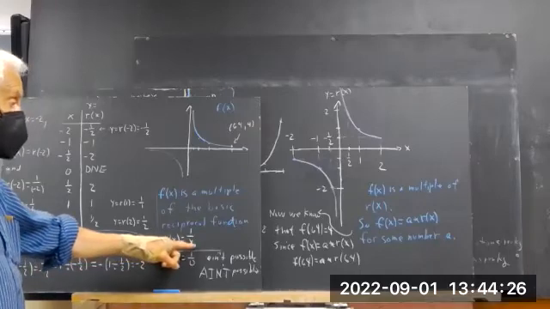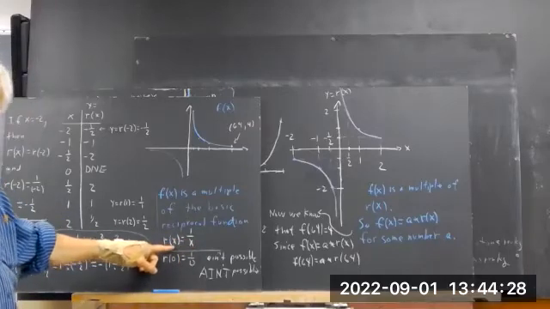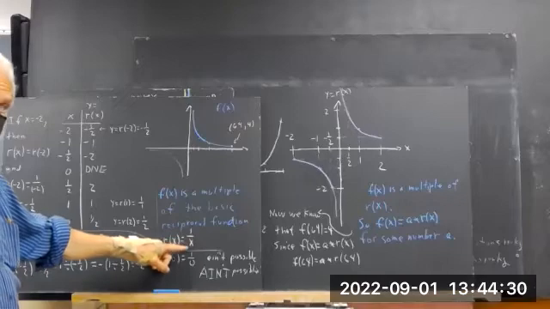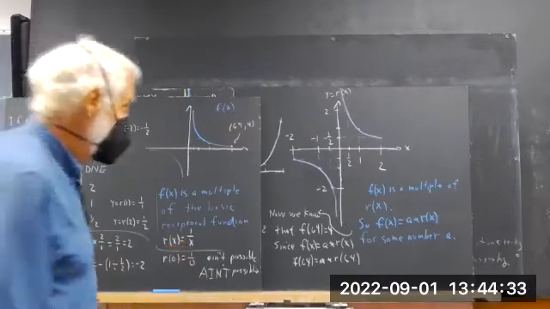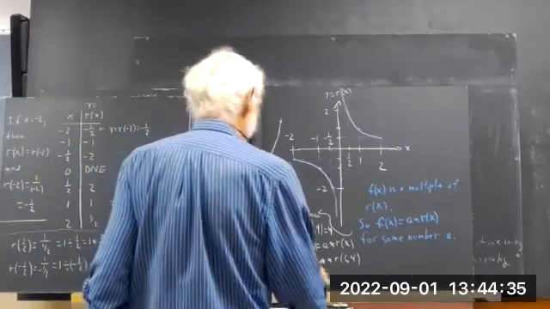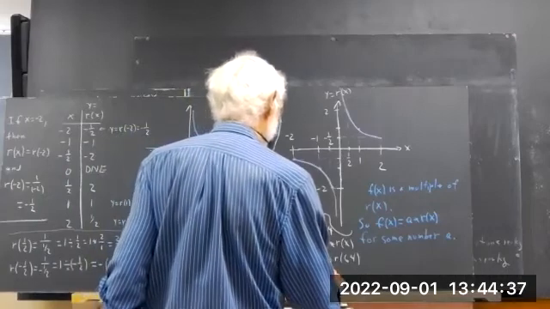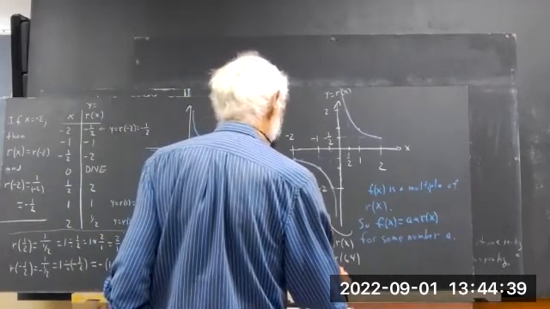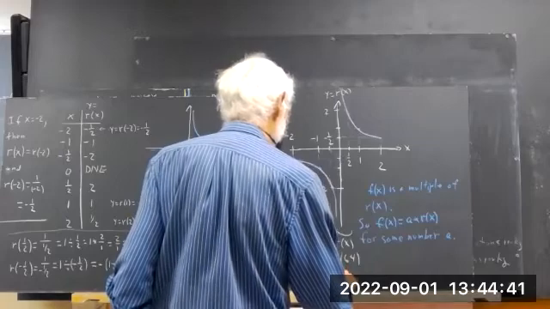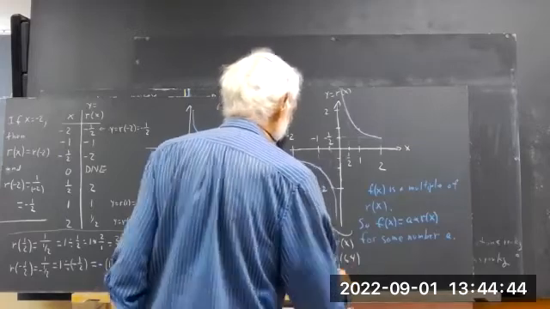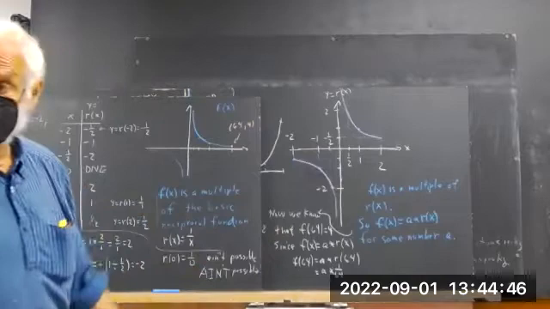So R of 64 would be 1 over 64. So that's a times 1 over 64.